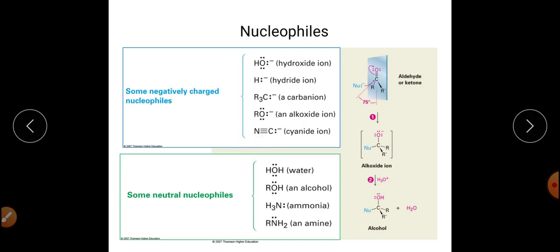Similarly, we can also take neutral nucleophiles, and these include water, alcohol, ammonia, and amines. This is basically RNH2. We can also take R2NH. So amines can also be taken as neutral nucleophiles, which will give rise to nucleophilic addition reactions with aldehydes and ketones.